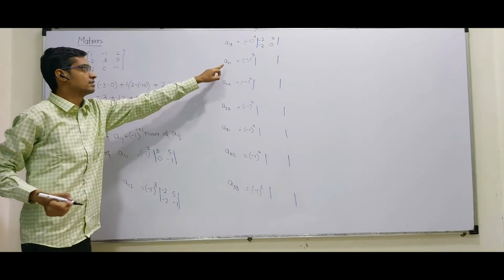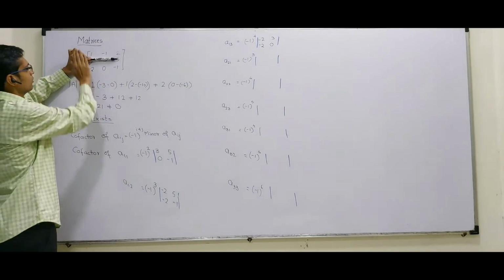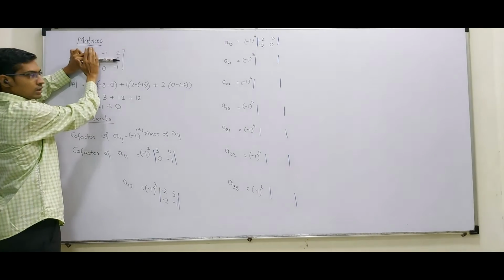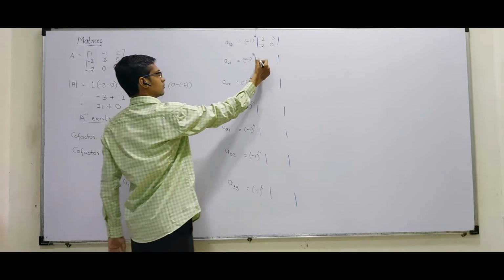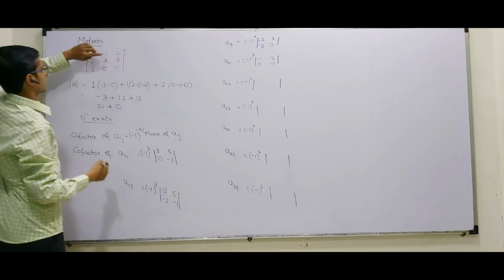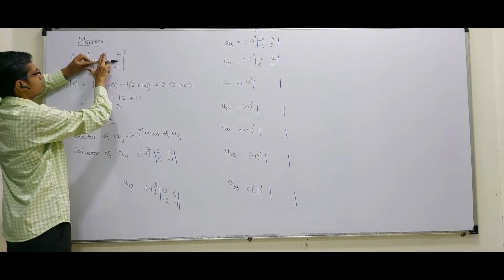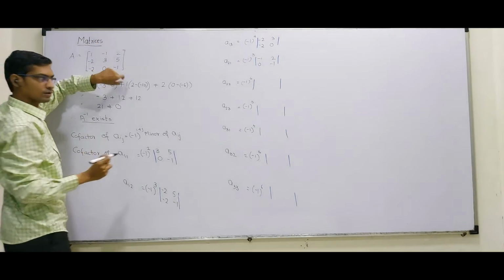Now this is second row, first column. तो second row छुपा दो, first column छुपा दो. -1 2 0 -1. Again second row, second column. So 1 2 -2 -1.